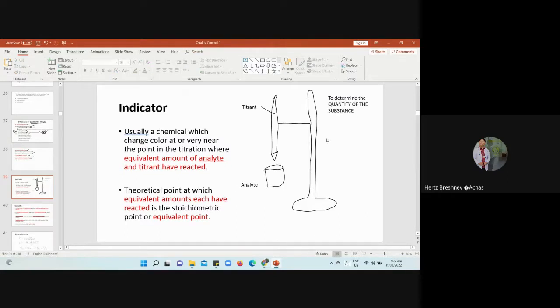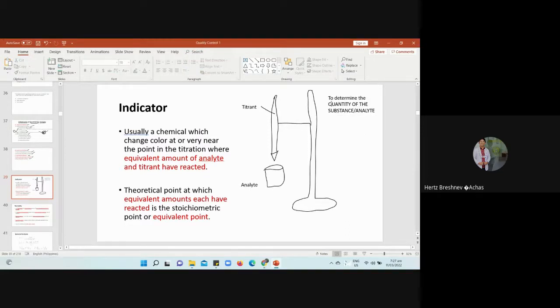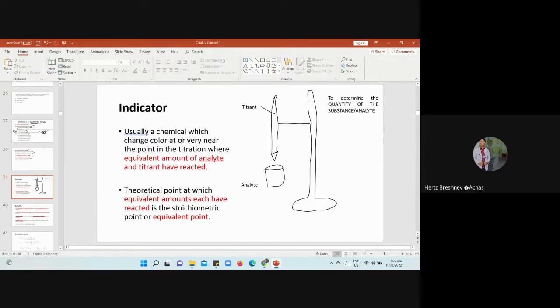And who do we identify? We identify the analyte. I'll put it here, analyte. The substance that we're trying to identify is present in our analyte.